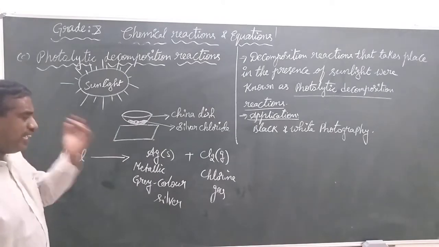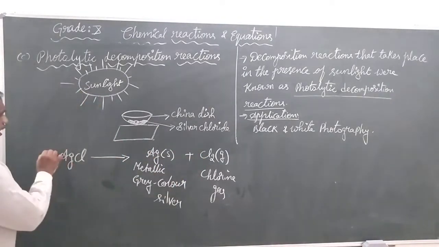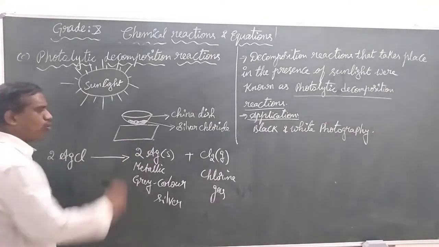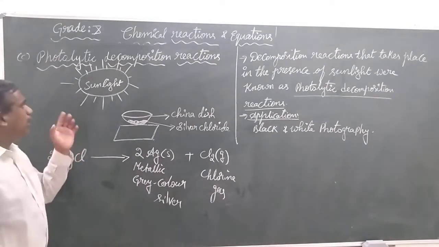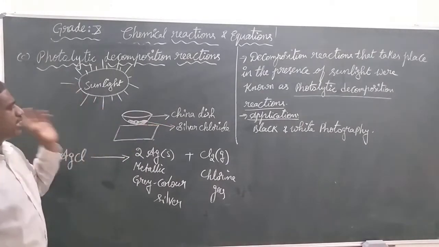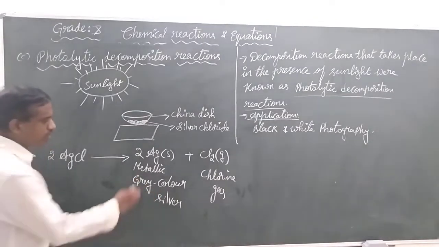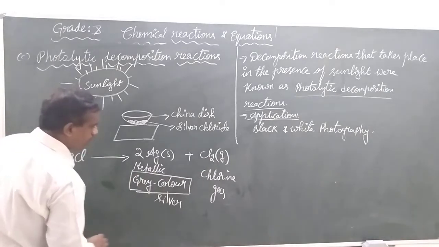But let us see, there is one silver and there are two chlorines. So let us make a question number 2, that is going to say 2 moles of silver chloride are taken on a china dish and placed under sunlight, they are decomposing to give a grey color compound. What is the color of the compound we are getting? Grey color compound.